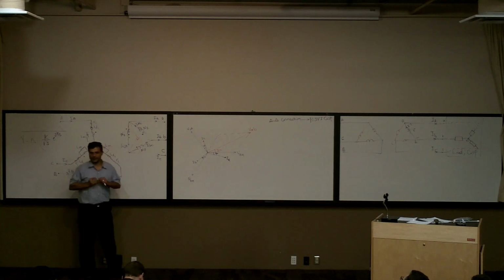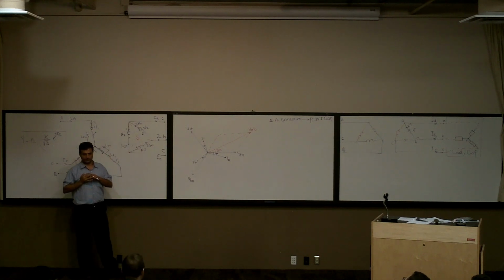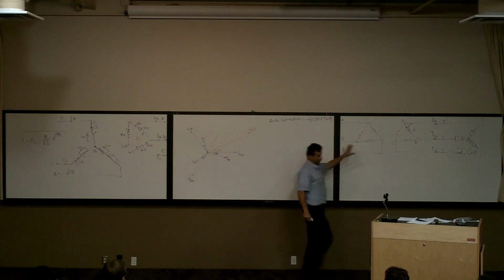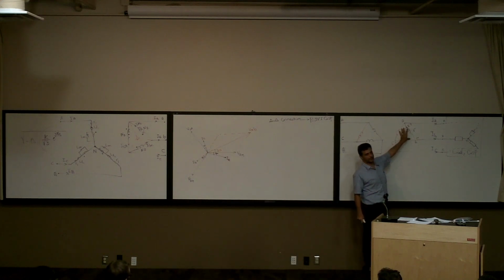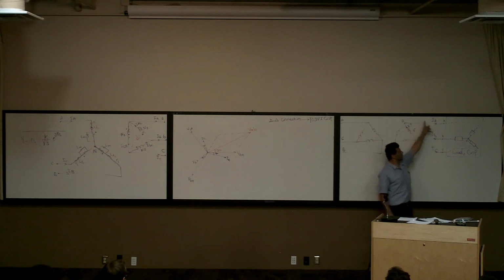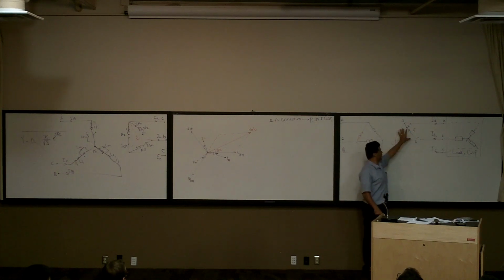Why did I plot the VAB? Can somebody tell me? I want to calculate how much power I have here. The current is IA. I need to know what the voltage is here and what the power factor is, so I can calculate the power.